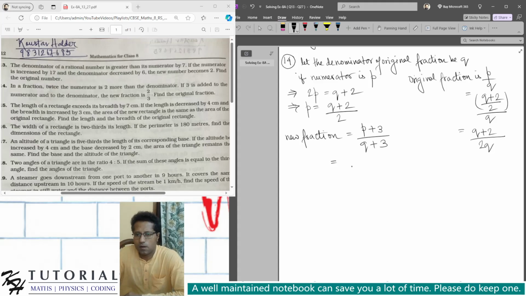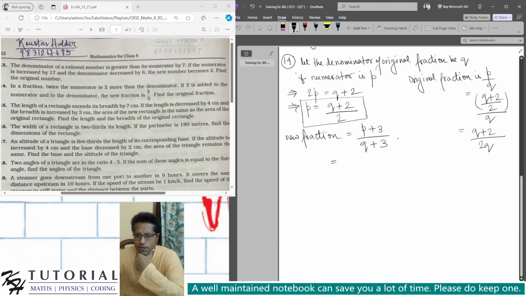p is the numerator of the original fraction, and q is the denominator of the original fraction, and we know that p is equal to q plus 2 by 2.